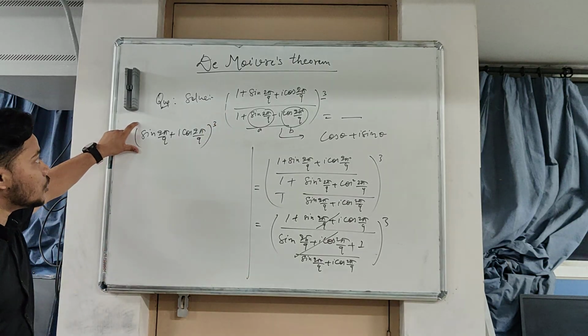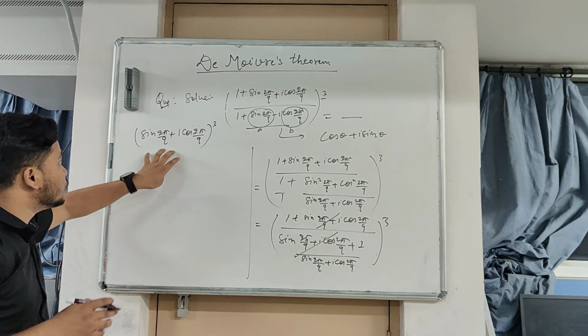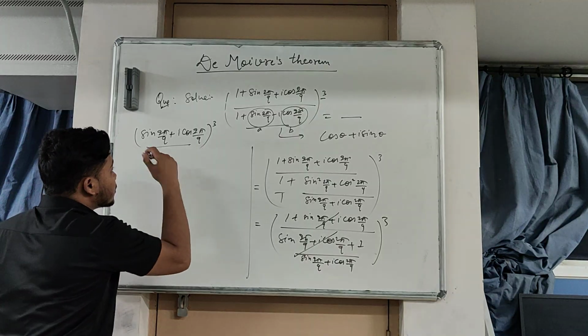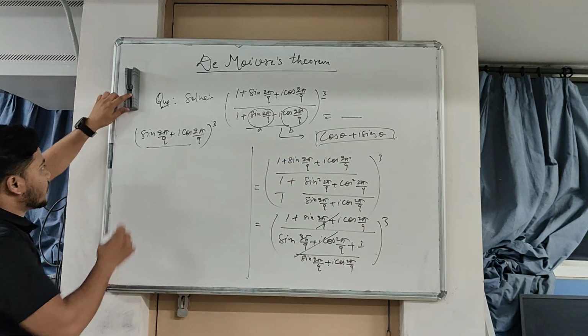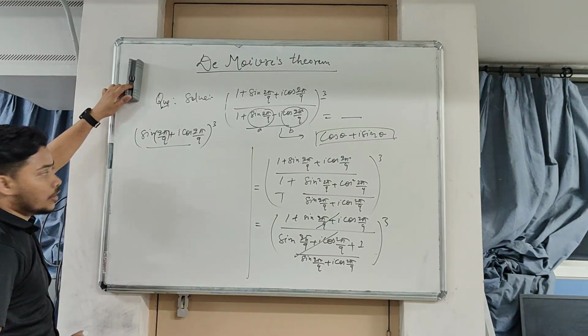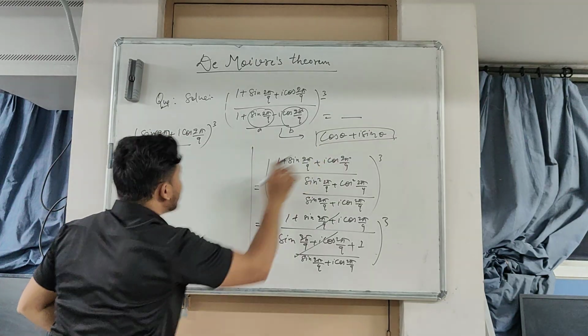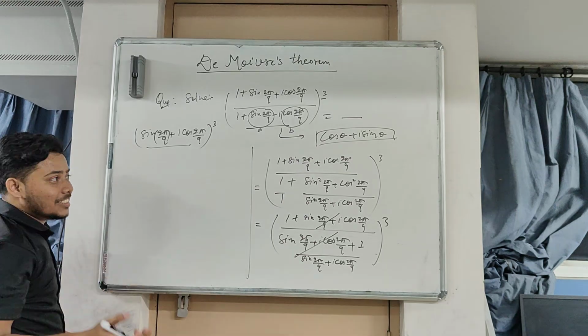Now can we use de Moivre's theorem here? No, we cannot use it, because this number is still not of this form. So observe, this is an acute angle. So to convert it into this form, we can use trigonometric identities.